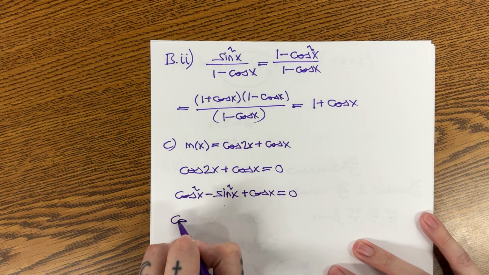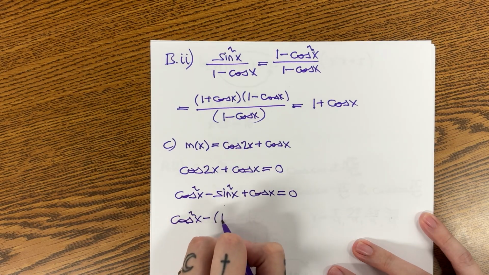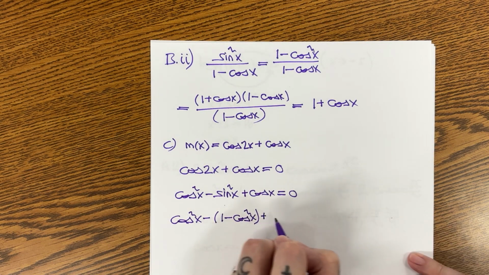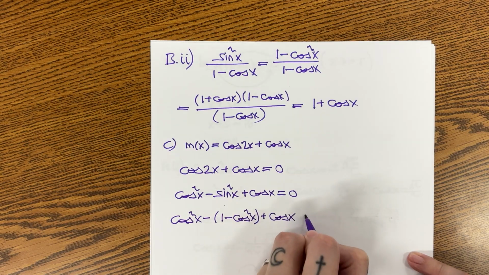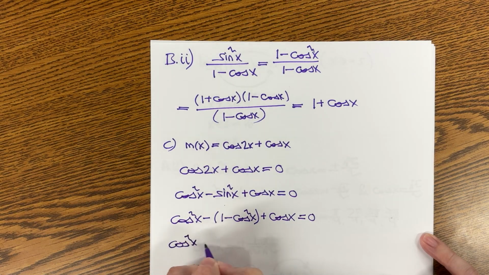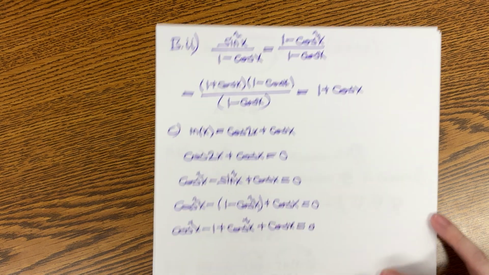So I'm going to rewrite: cosine squared x minus, and then 1 minus cosine squared x, plus cosine x equals 0. So now I need to distribute that negative. So cosine squared x minus 1 plus cosine squared x plus cosine x is going to equal 0.